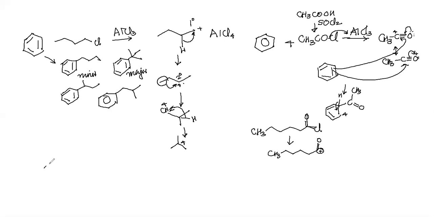So if you are asked to synthesize this compound, see here, 1, 2, 3, 4. We want to synthesize this compound. If you go by this method, you will end up with four products. Okay, what will we do? We will prepare the ketone first.